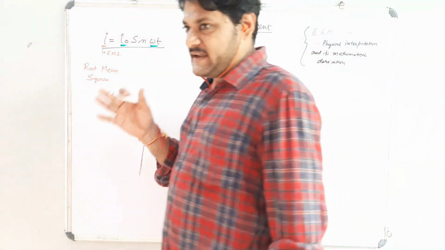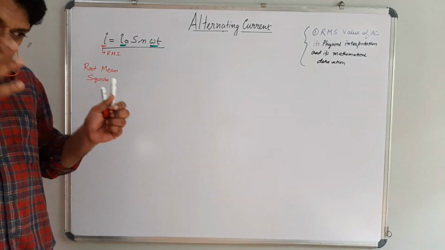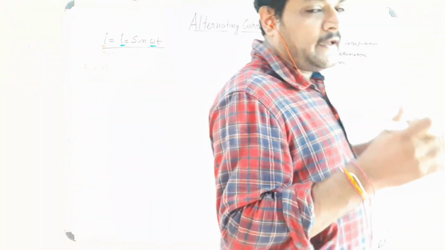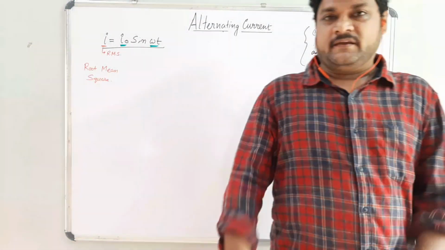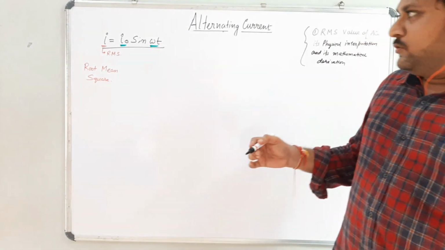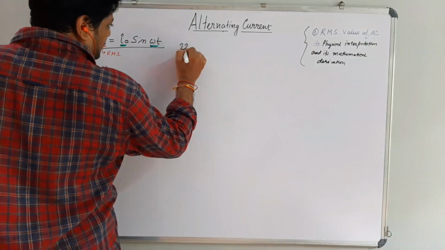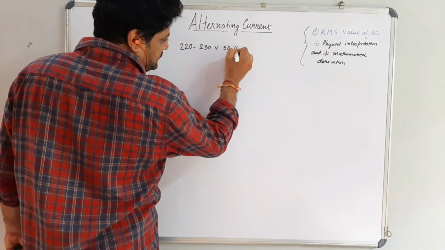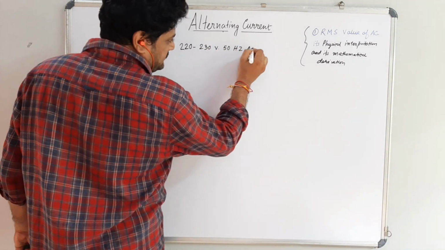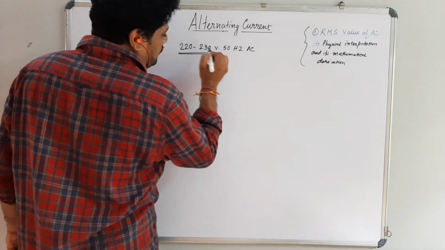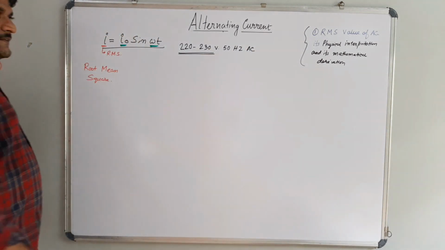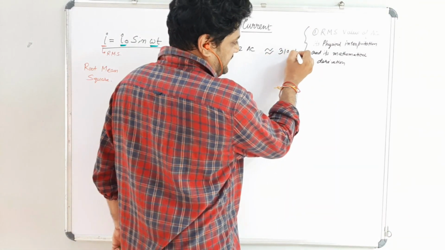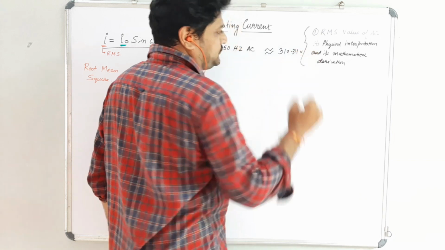The generating voltage is much higher than what we get in our home. In our home we get 220 to 230 volt, 50 hertz AC, but the generation is almost equal to 310, 311 volt.